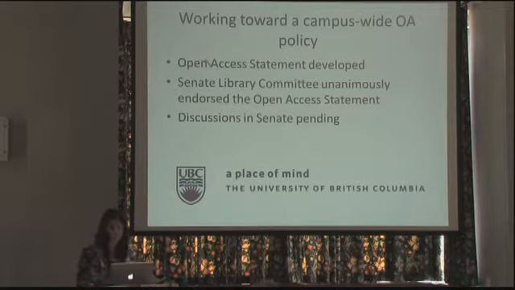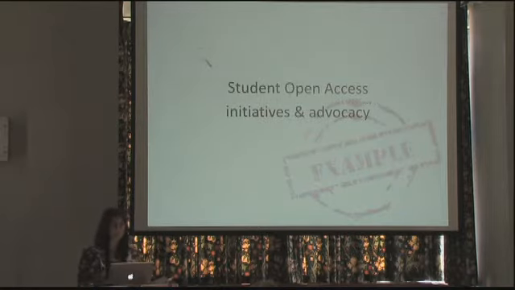And this has led to an open access statement being developed, as well as it being approved by the Senate Library Committee. Discussions in Senate around that are still pending, but we're slowly moving towards that. And student advocacy has been a part of that.